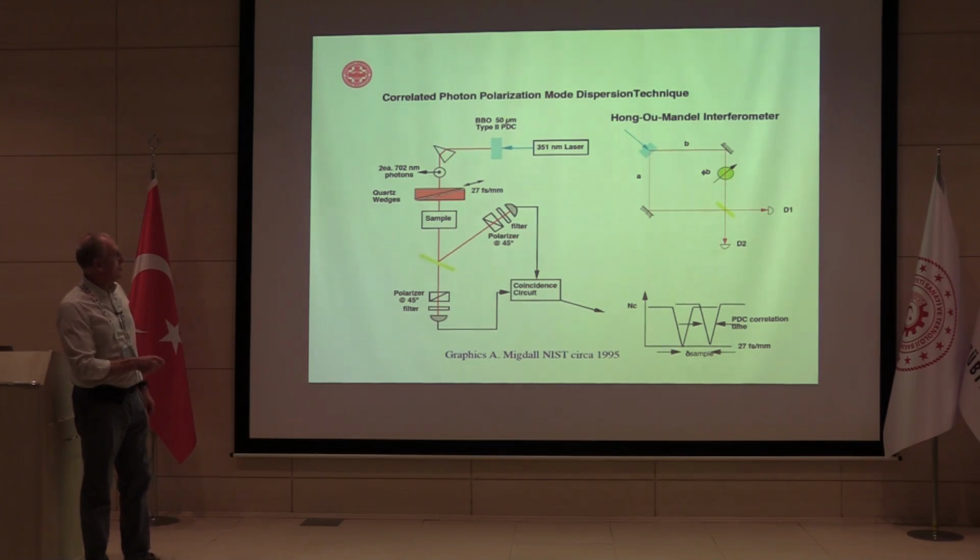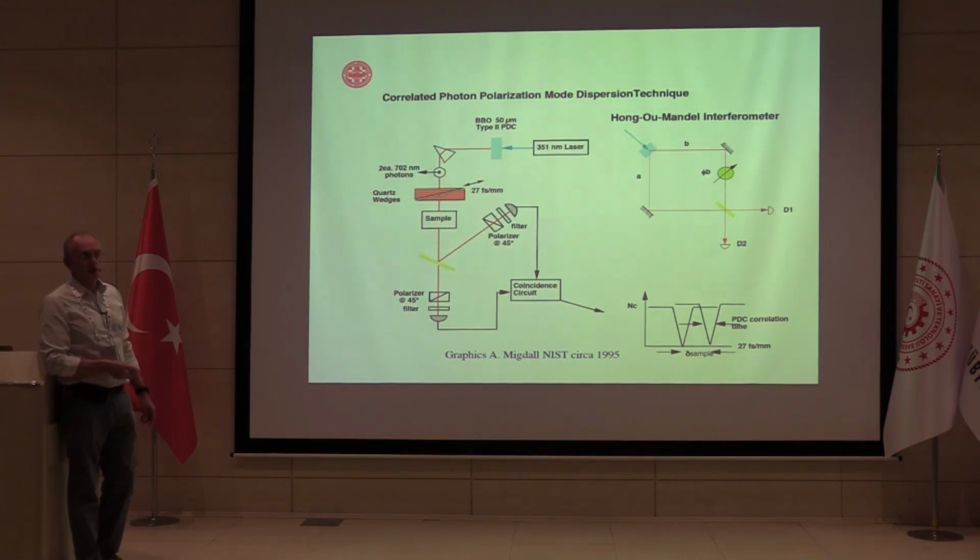But then if you introduce here a sample, like a piece of fiber, you would see that your dip will be shifting. This shift is directly proportional to the difference in delay between these two polarizations going through the sample. So you can measure the birefringence of the sample.